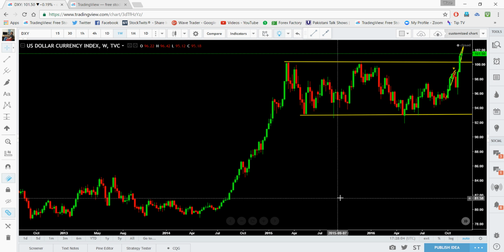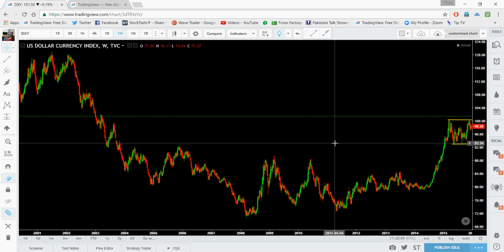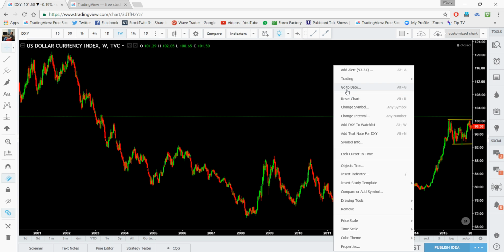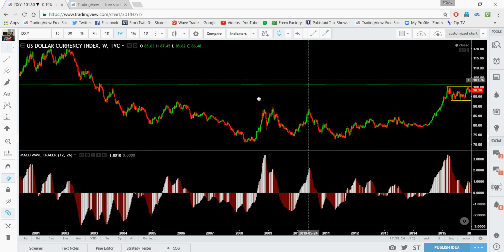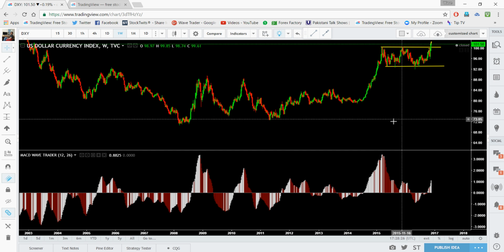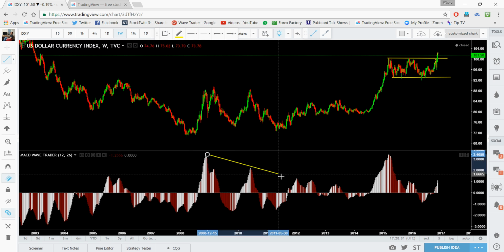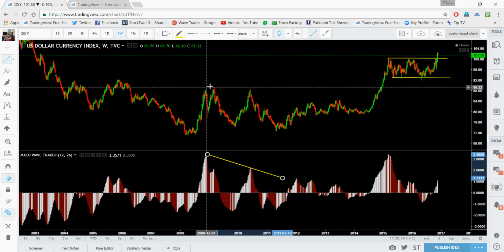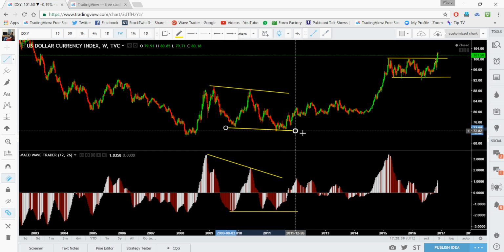You are just expecting that your MACD is going to go in the other direction, and you are just buying and selling based on your MACD. For example, if we use this MACD, you can see your MACD is showing divergence here at this point, and you just connect it like this and call this ABC.